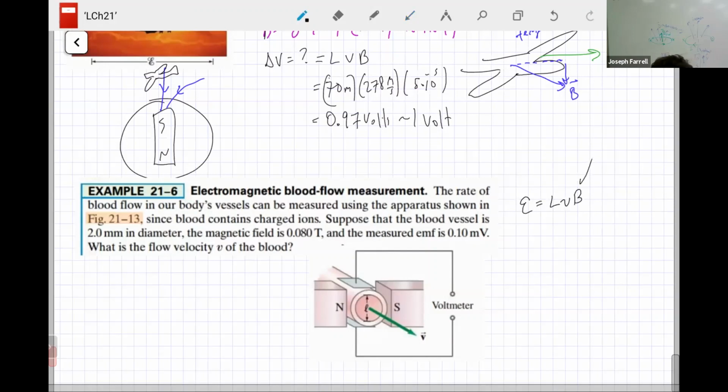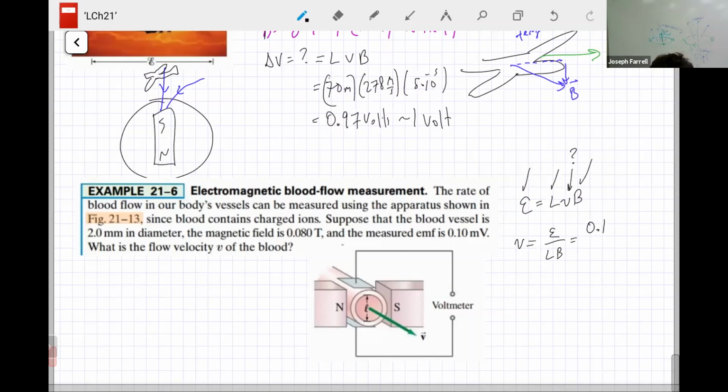We know L is the size of the blood vessel. The EMF is measured, and v is the unknown. So we just solve for v equals EMF over LB. That's it. That's the problem.